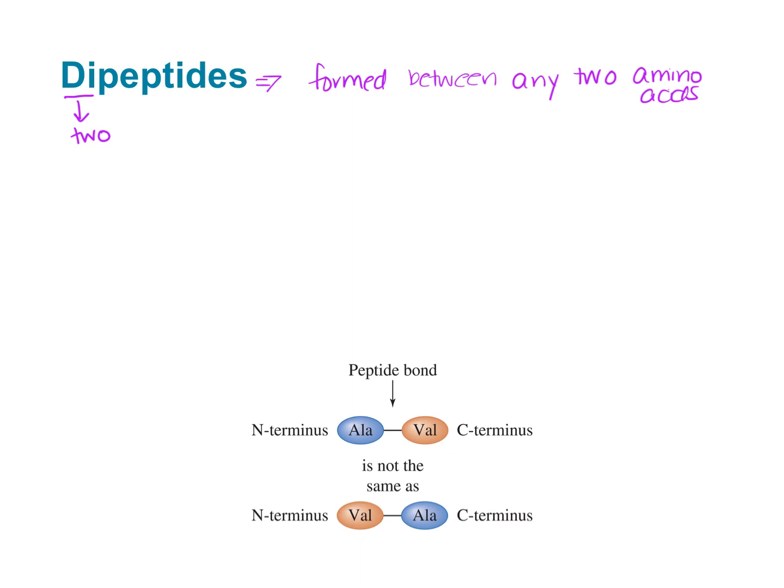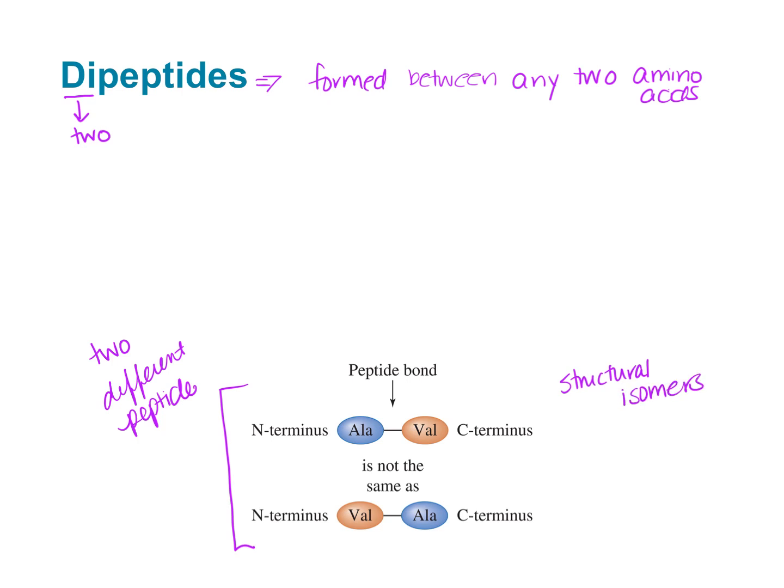So these are 2 different peptides, and these are actually structural isomers of each other. Now, the order of amino acids is critical to the structure.